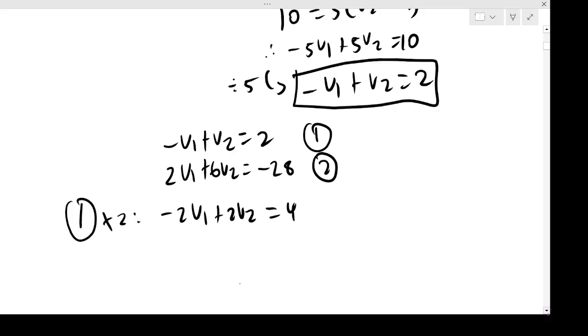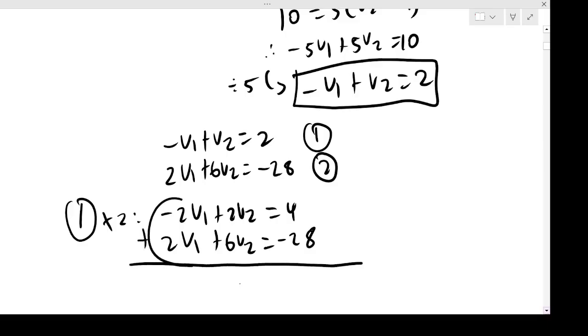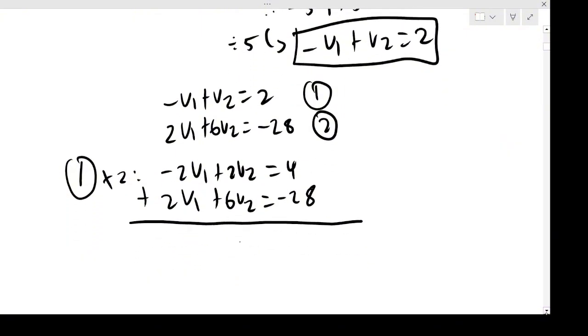Then if I bring down the second equation, rewrite it here, you can see if I now add these two equations, it cancels out the V1s, because minus 2V1 add 2V1 goes to 0. So all we're left with is 8 lots of V2 to be 4, take away 28. And that goes to minus 24.